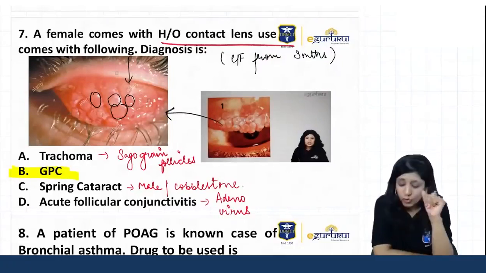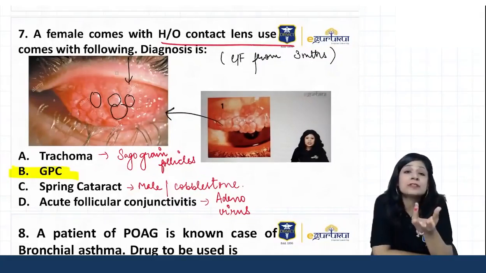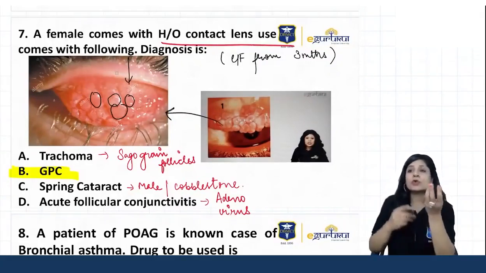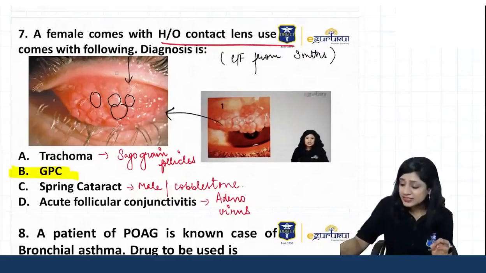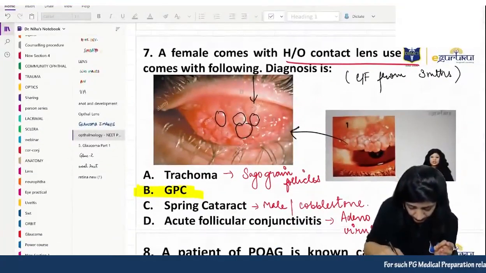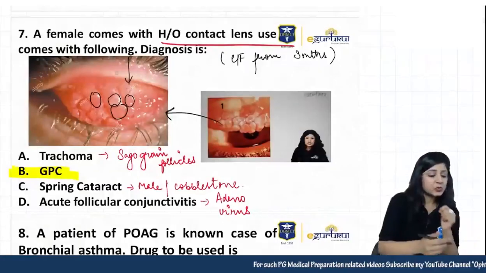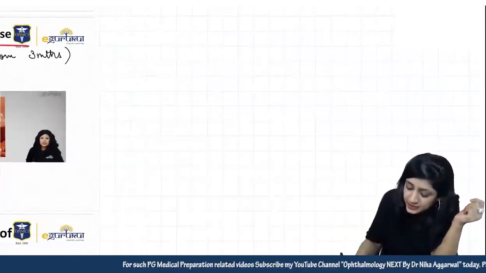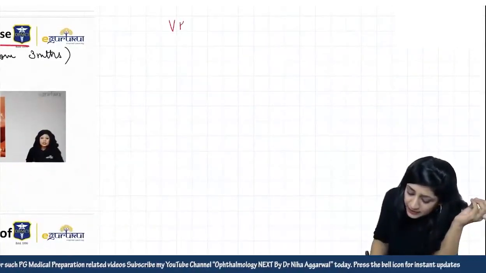Sago grain, matlab sabudana. So you get the follicles which are resembling the boiled sago grains. Let me show you. What is the Maxwell-Lyon sign of VKC? See what happens in the VKC.